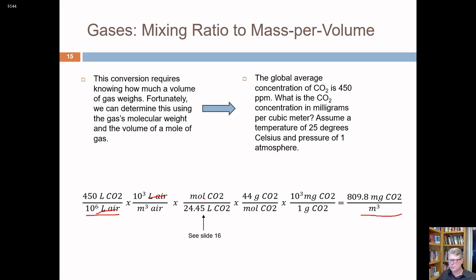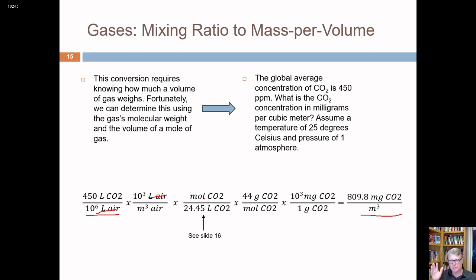You might remember from chemistry that a mole of a substance means there are 6.02 times 10 to the 23rd instances of that substance, like molecules of that substance. That is the definition of a mole, and that 6.02 times 10 to the 23rd, you might remember, is called Avogadro's number.